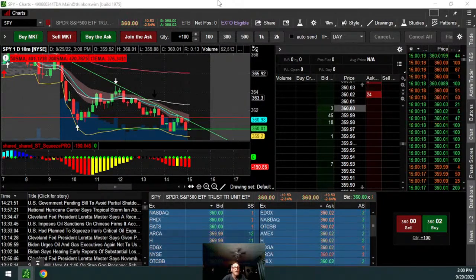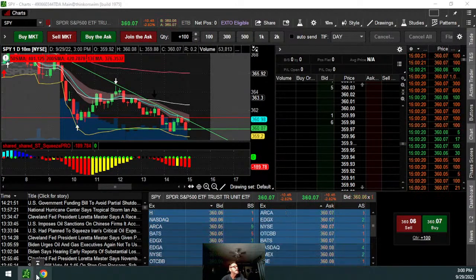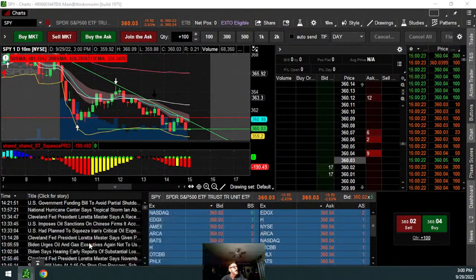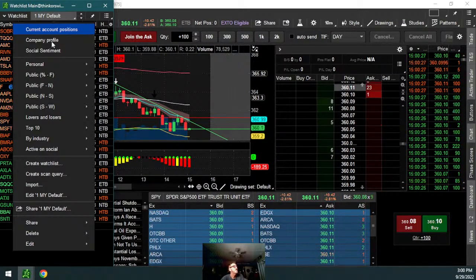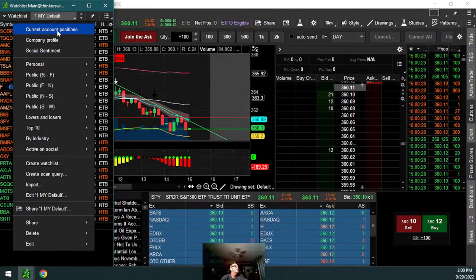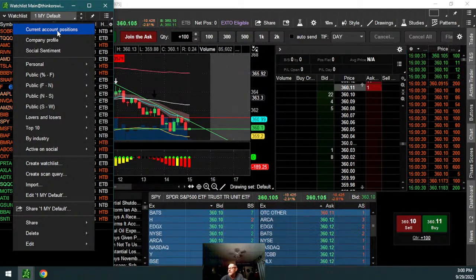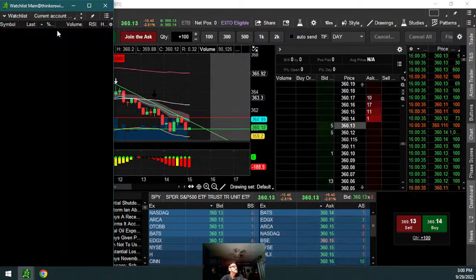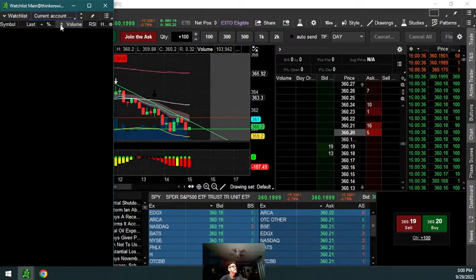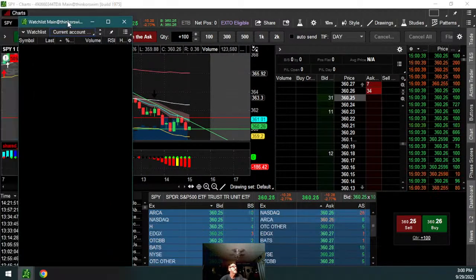The question is, how do I turn this into my current account? What do I have to do to make this current account? Because I'm not sure where it is. Oh, right there, current account positions. Is that it? Now I got it. Current account positions. If I do this, there it is. That's what he's talking about. Okay.